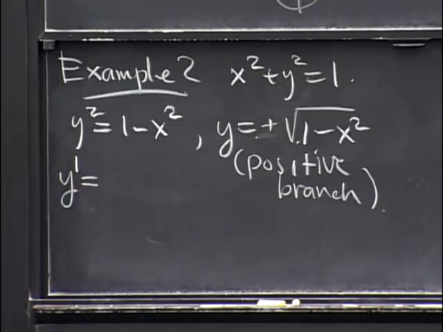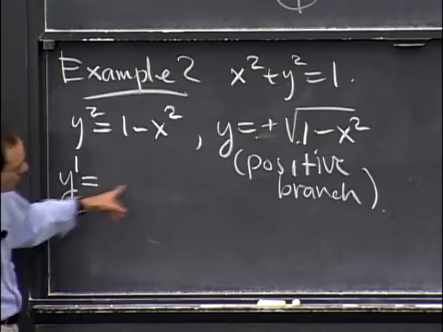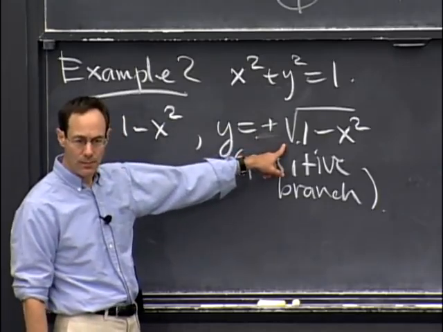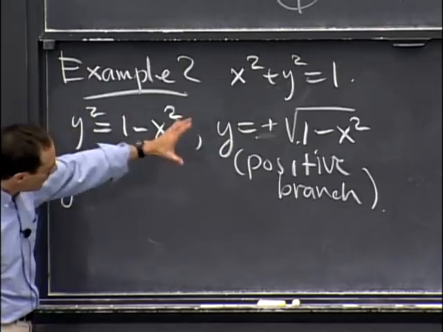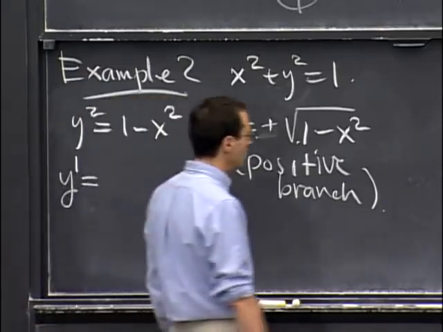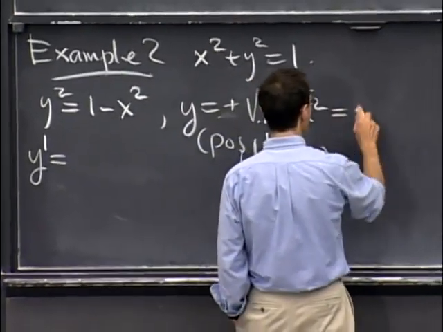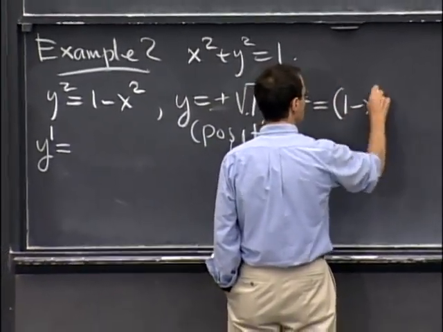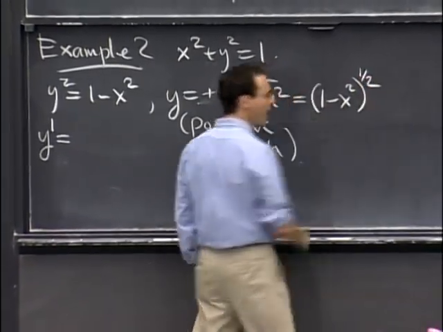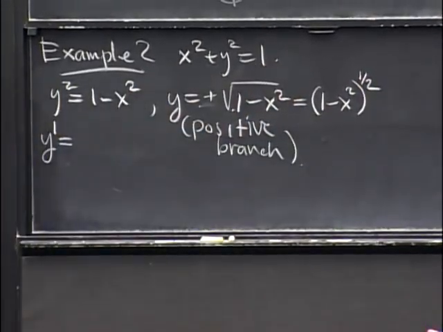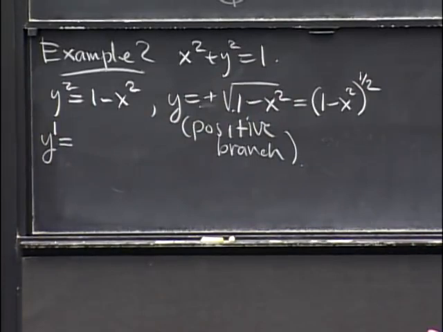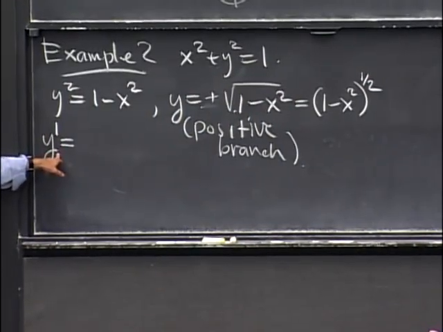Well, this is a somewhat complicated function here. It's the square root of 1 minus x squared. And the right way always to look at functions like this is to rewrite them using the fractional power notation. That's the first step in computing a derivative of a square root.